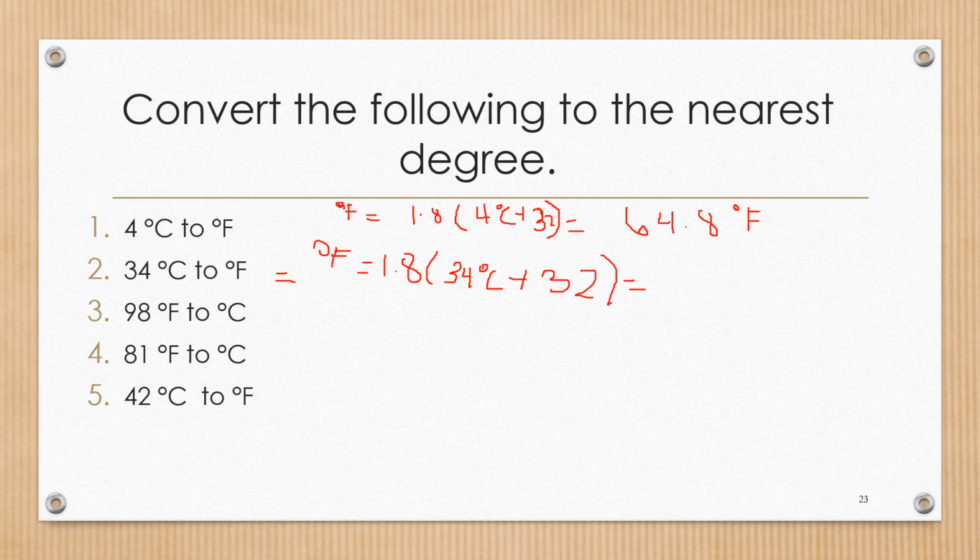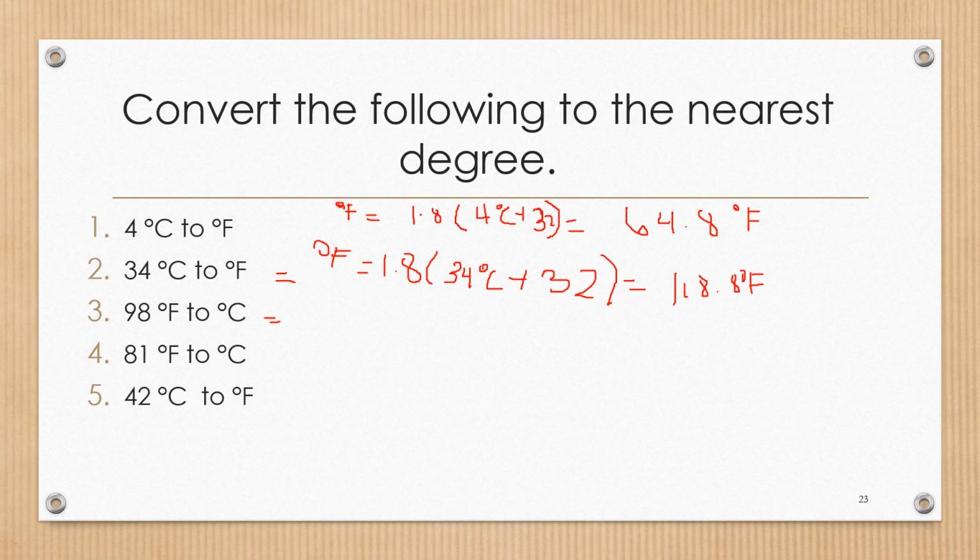So we have 32 plus 34, that is 66. 66 times 1.8, the answer is 118.8 degrees Fahrenheit. Alright? Next, here.